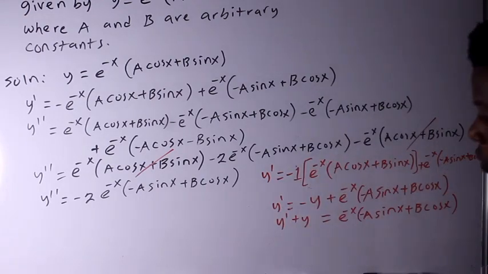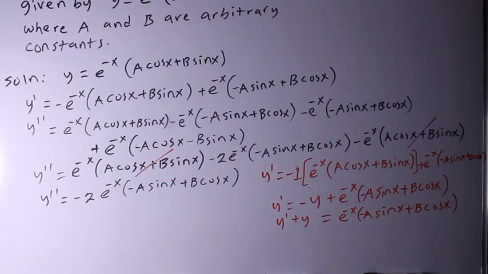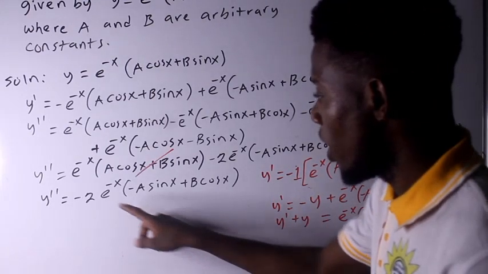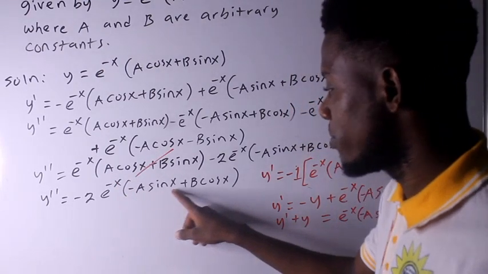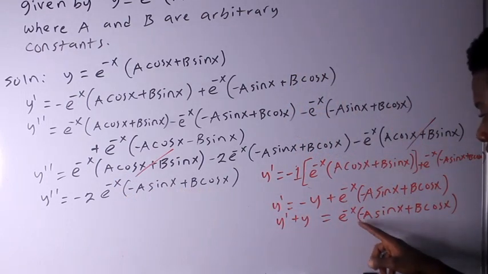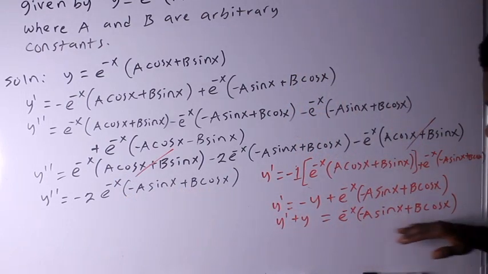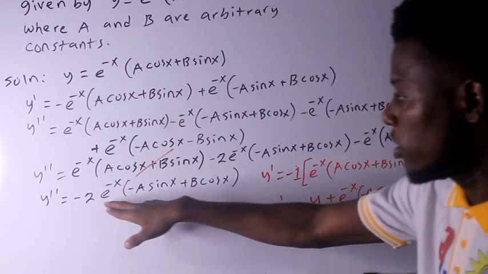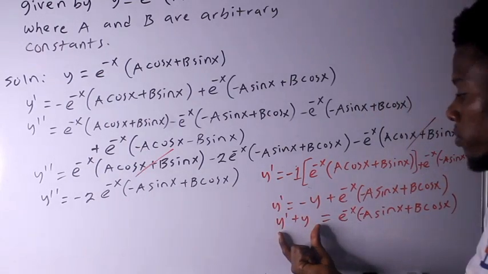So you have y prime plus y equal to this. Great. But what do we have here? We have e to the minus x, parenthesis, minus a sine x plus b cos x. So this entire thing, I'm going to replace with y prime plus y.